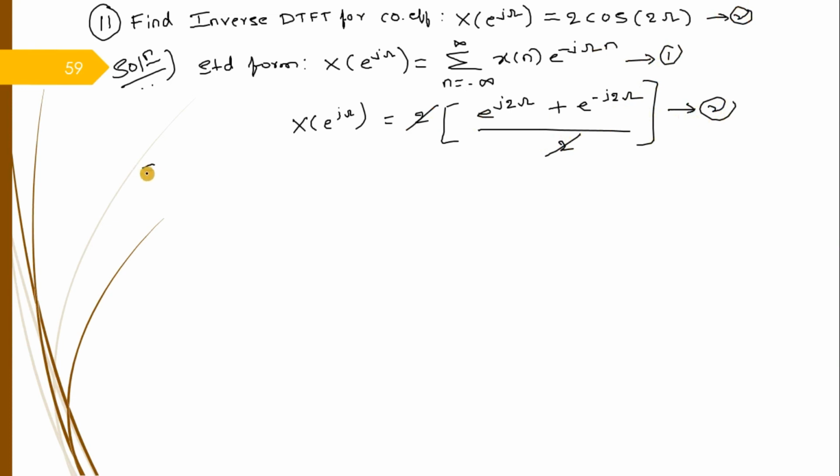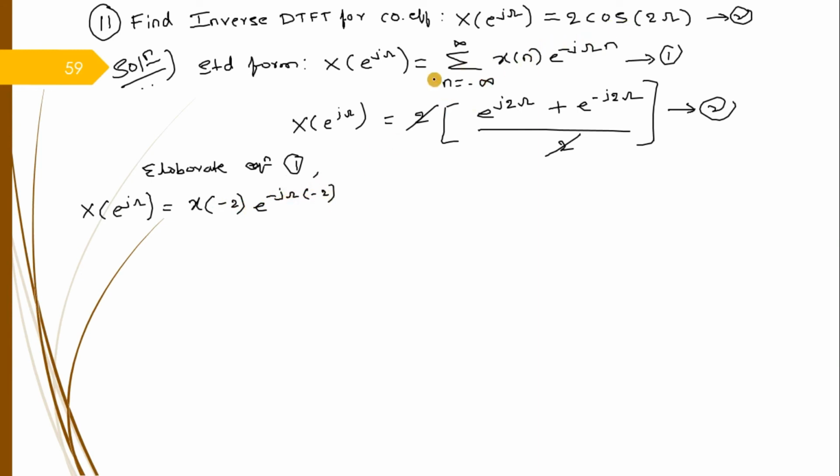Now I elaborate equation 1, the standard form. This would look like this. I take a few quantities, from n equal to minus 2 to plus 2. So I get x of minus 2, e raised to minus j omega times minus 2.